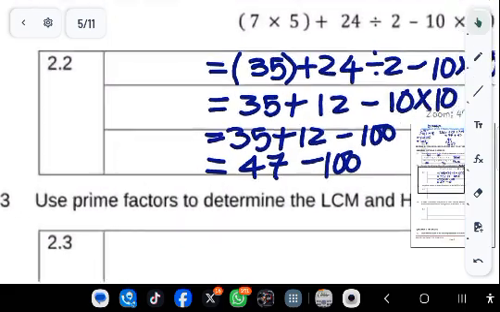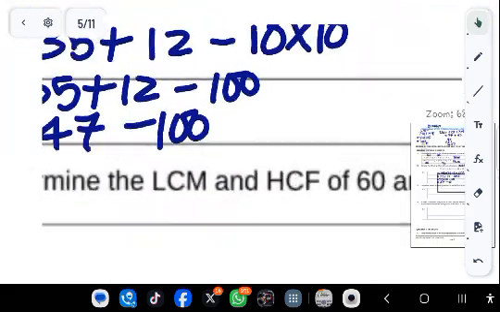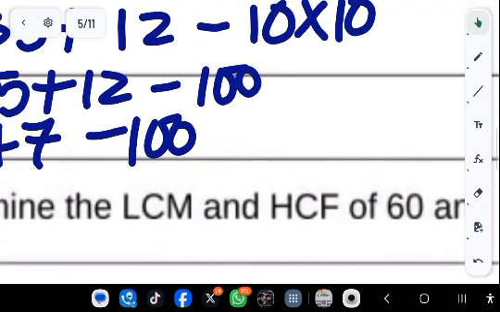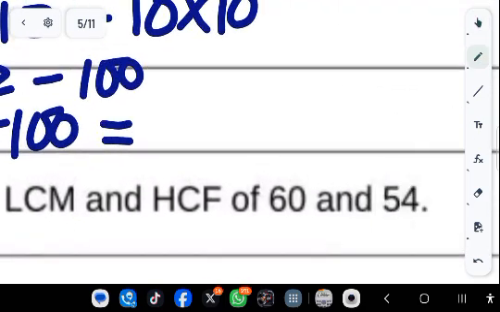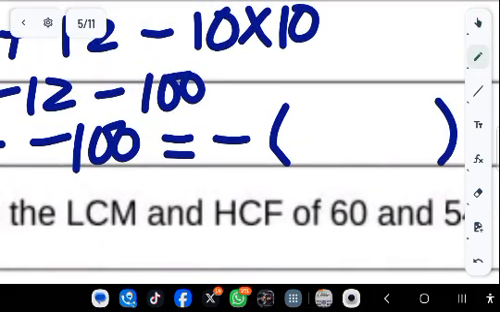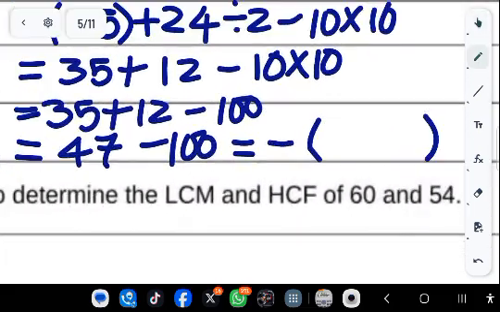And now we know that the answer is going to be negative because we are subtracting a big number from a small number. So what we do is we just put a minus in front and then subtract like we would a normal number. So we go 100 minus 47.